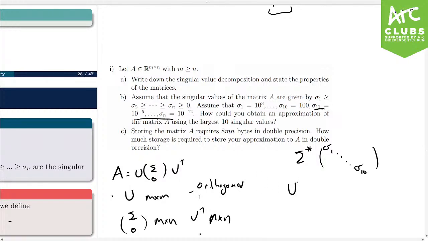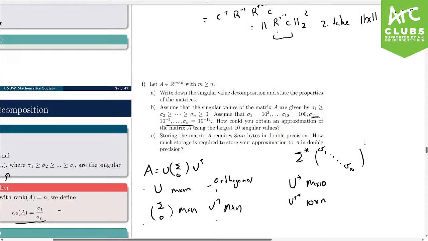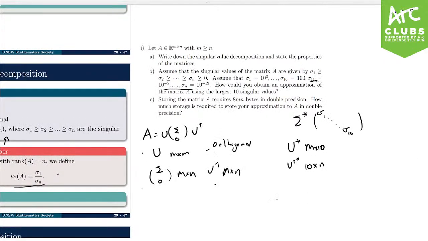Then U, cut down U so that it's m by 10, and cut down Vt so that it's 10 by n. Then we have the approximation.